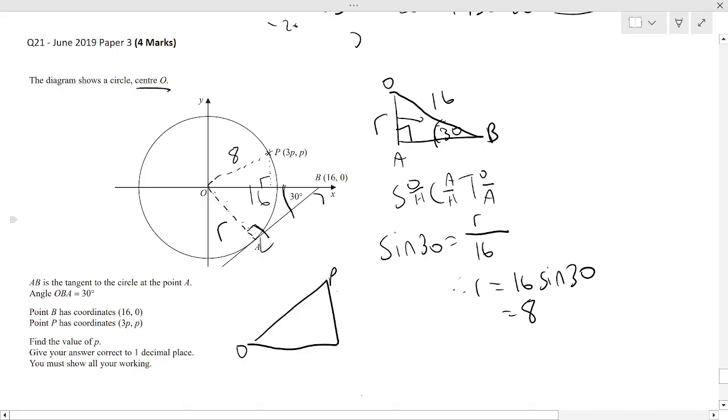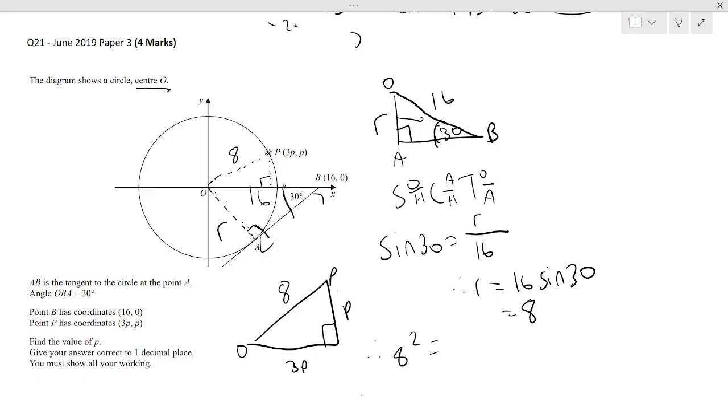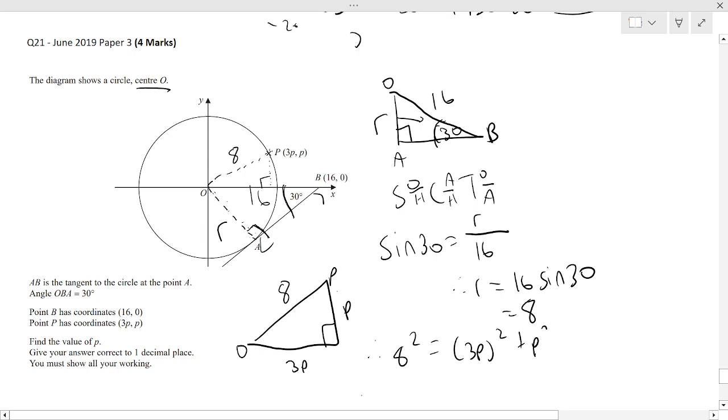Well, the x value is 3p, and the y value is p. And we know the distance is 8. Can we not just use Pythagoras, the distance formula, to find p? If this is the hypotenuse of 8, a squared plus b squared is c squared, remember? So 8 squared would be 3p squared add p squared.